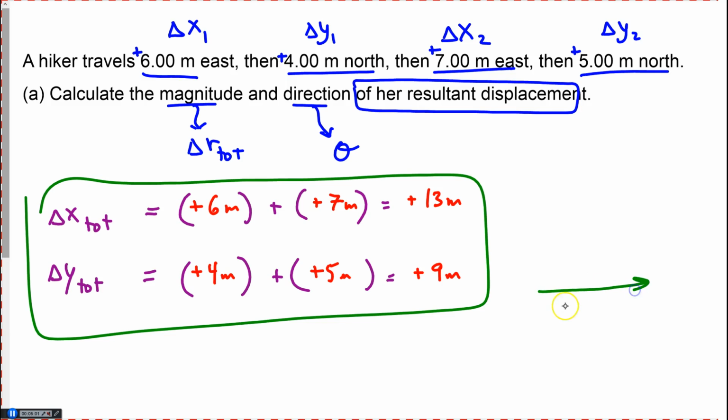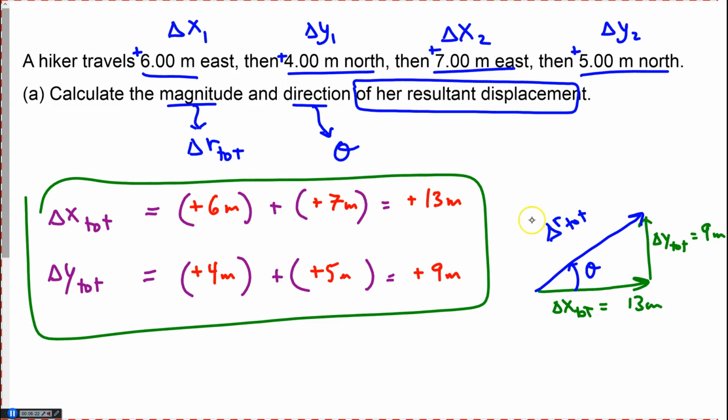with delta x total. That's east, 13 meters, and delta y total. Wow, that's easy. 9 meters north. Then we can draw the resultant displacement and the angle. And we can easily find this. This is the magnitude of the displacement. Theta gives us the direction.